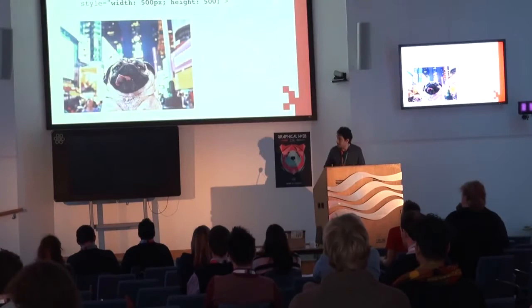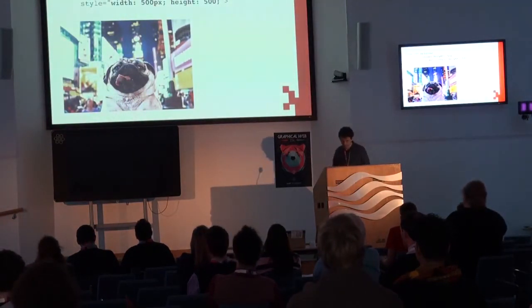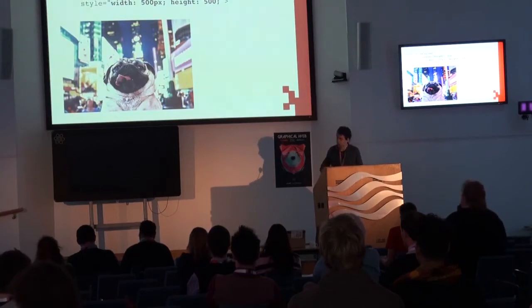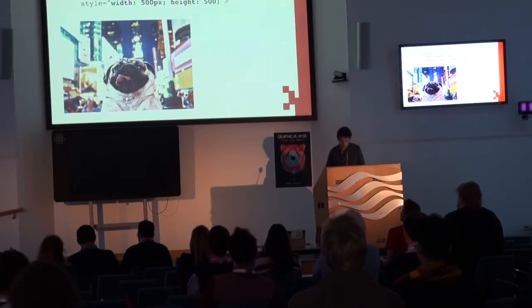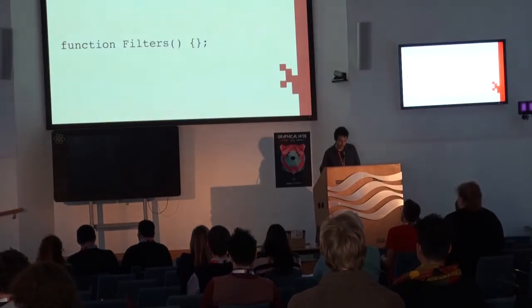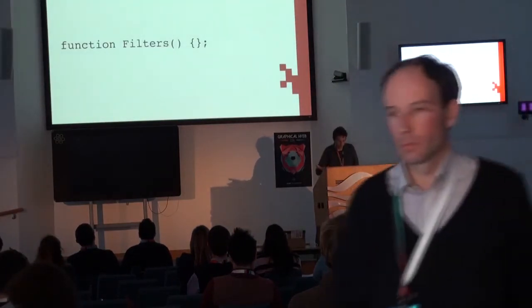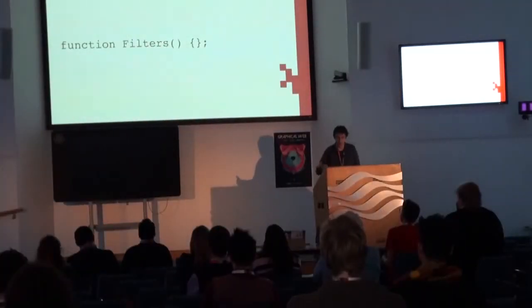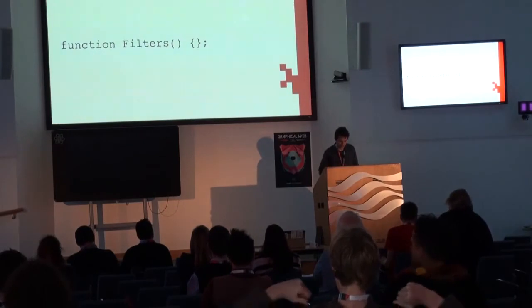In this case, we have an image with a few properties: the source image, the width, and the height. And when you talk about Canvas, most of the time we start to work with a class or a set of functions that we can reuse.